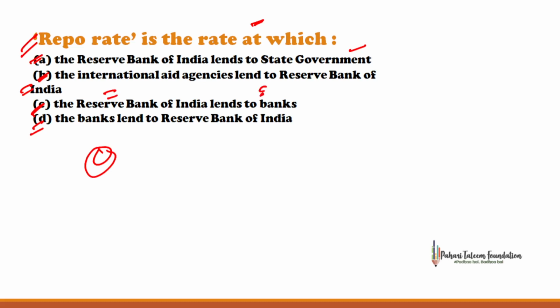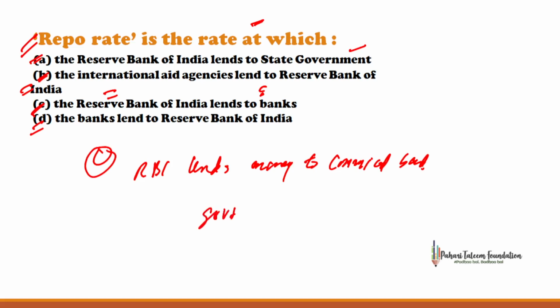Okay. So repo rate is the rate at which RBI lends money to the commercial banks. Okay. So repo rate is the rate at which the Reserve Bank of India lends money to commercial banks or financial institutions in India against government securities. Okay.